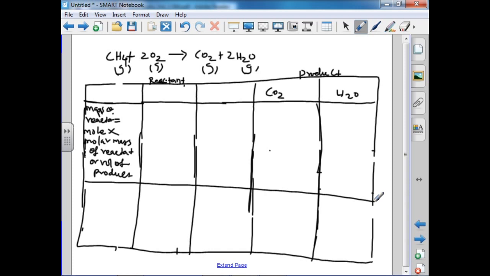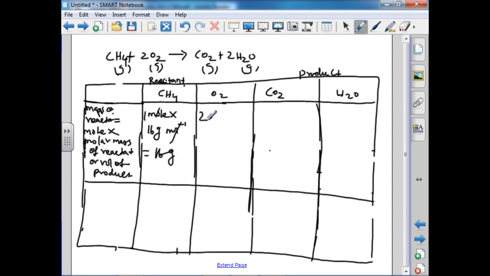Number of moles of methane is 1 mole multiple with mass 16 gram mole inverse, mole cancel, so 16 gram.